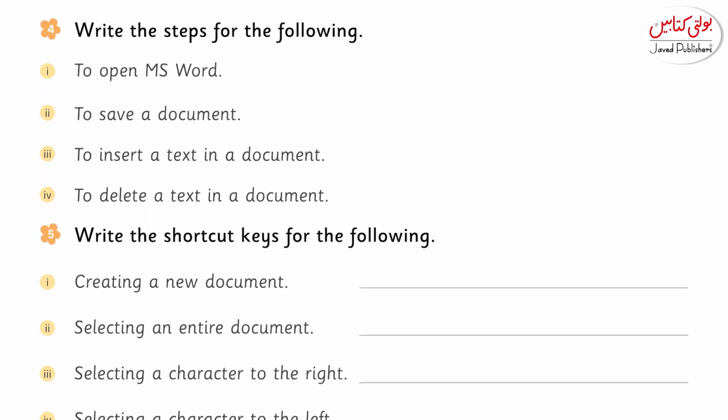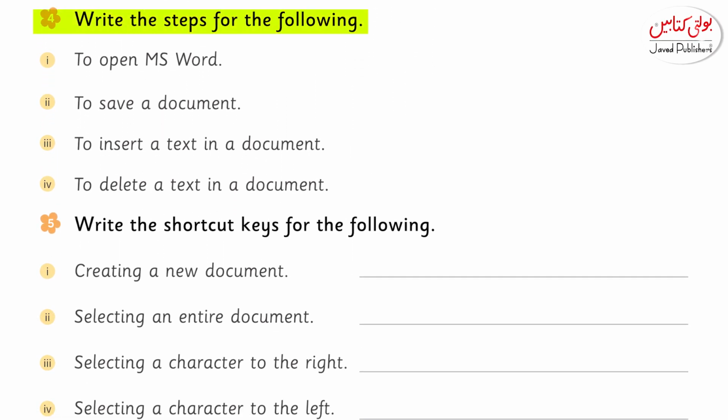Our next question is to write the steps for the following. To open MS Word. To open MS Word, the steps are: click on the Start button, click on Word. The Word window appears on the screen, or type Word in the search bar. Write steps to save a document.